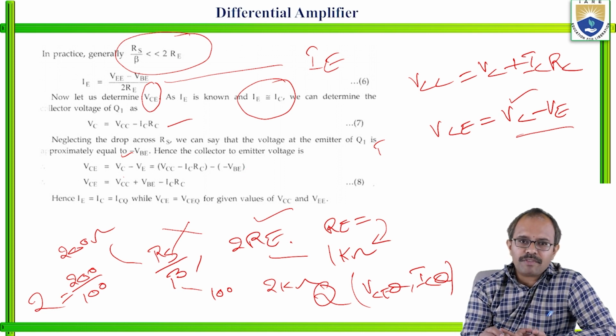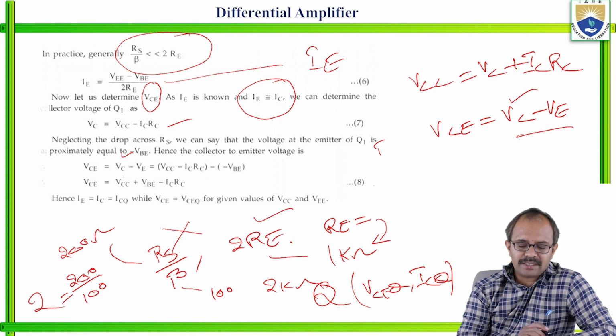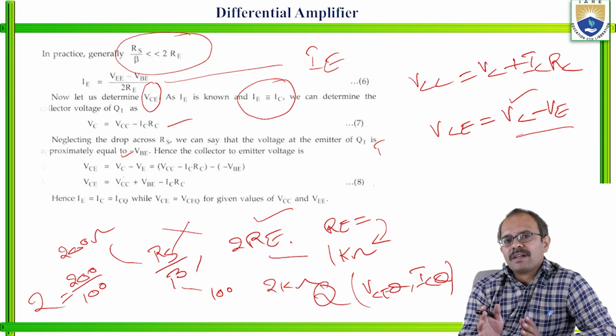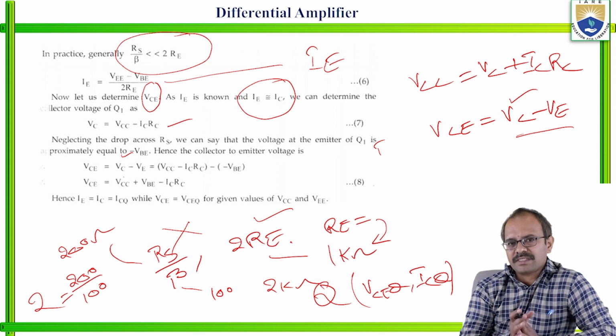And again we are going for one more approximation or assumption. Just look at the statement here. After neglecting any drop across your source resistance RS, VE is equal to VBE.